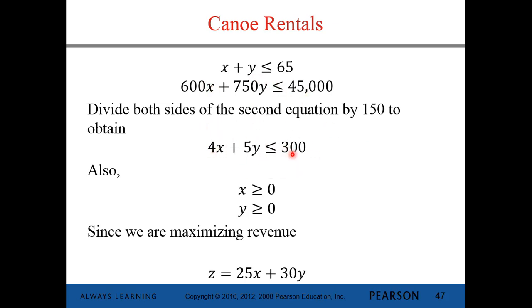Also remember, we want the number of canoes and the number of kayaks to be greater than or equal to 0. That goes without saying. These are constraints that weren't specifically mentioned but make sense, right? We don't want negative canoes and negative kayaks. So with these four inequalities, those would be our constraints. And of course, this is our revenue function, our objective function that we want to maximize.